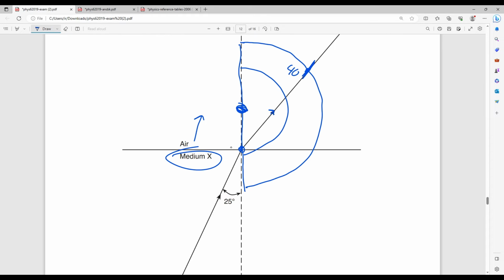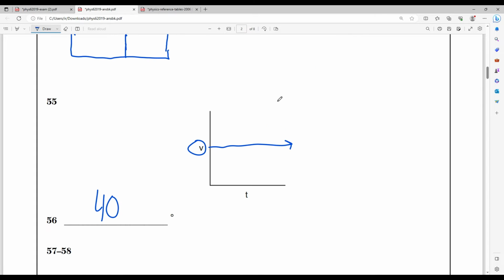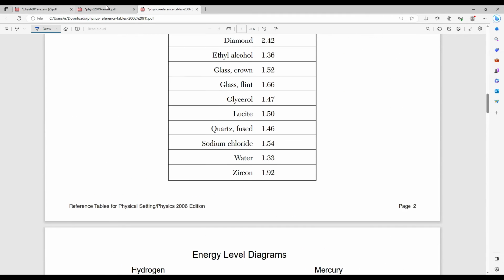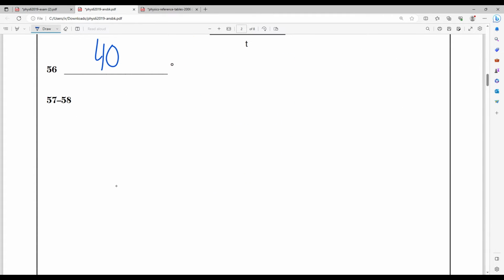So we know the index of refraction for one of them, and we know the angle of incidence, which is 25, and we know the angle of refraction, which is 40 degrees. And we're trying to find n1, which is the index of refraction. This sounds a lot like the formula on your reference table for waves: n1 sine theta 1 is equal to n2 sine theta 2.